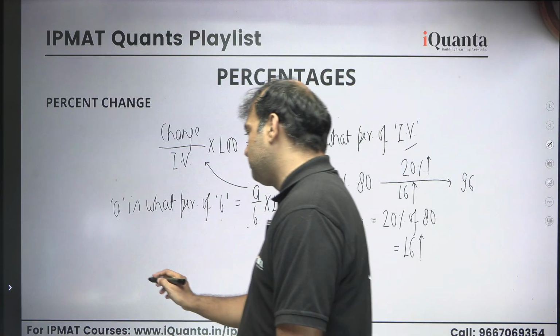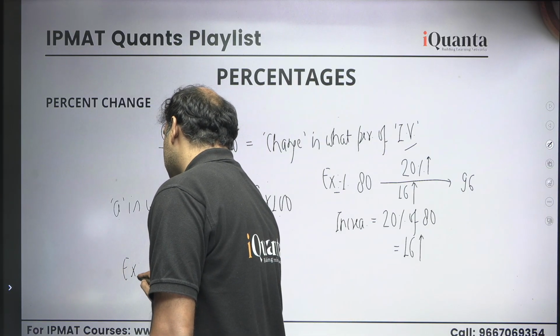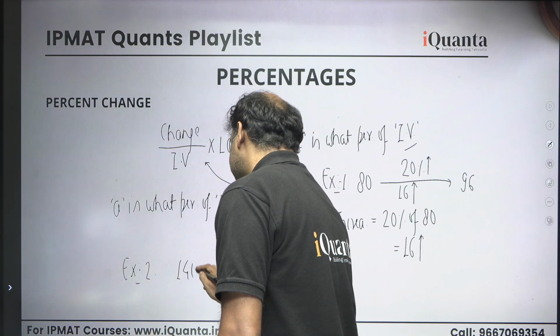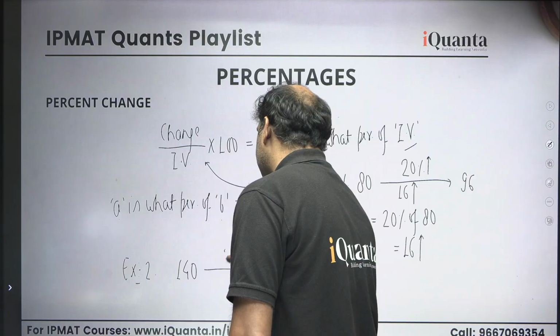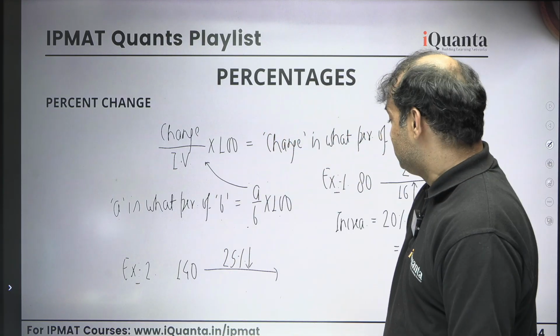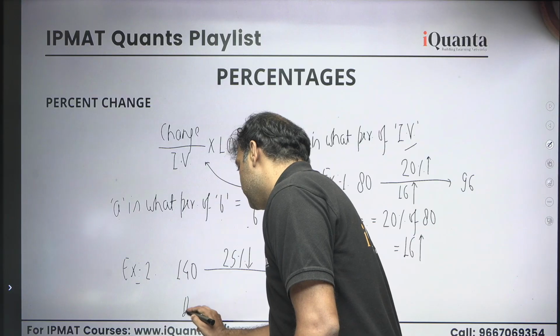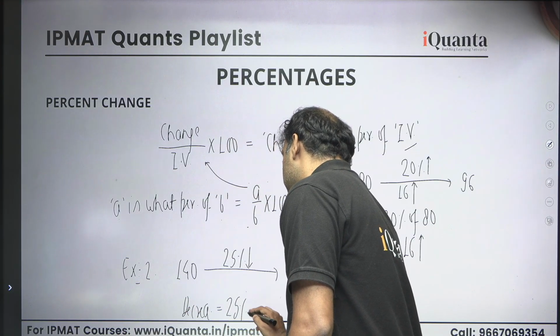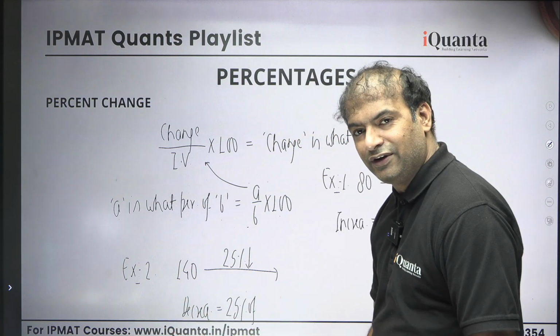Okay, let's try to do one more example on the basis of that. Suppose this time we decrease the value, and let's see what we get. Now guys, let's say we have a value 140, and let's say it has been decreased by 25%, and we need to find the final value, right? So the decrement should be how much? We can again say this has to be a percentage of the initial value, and the initial value here is 140, obviously.